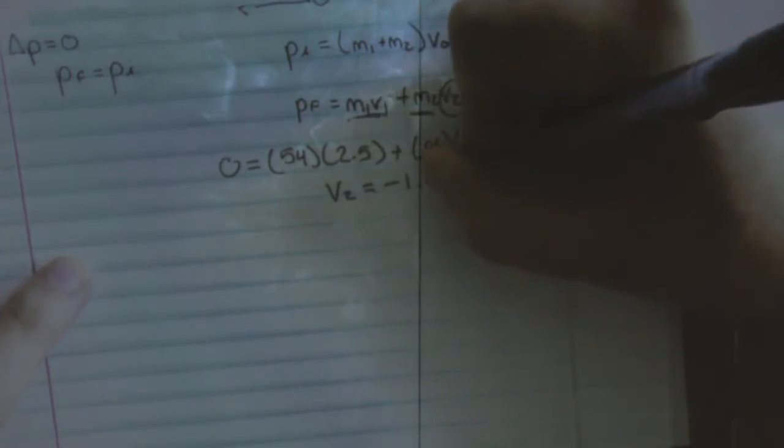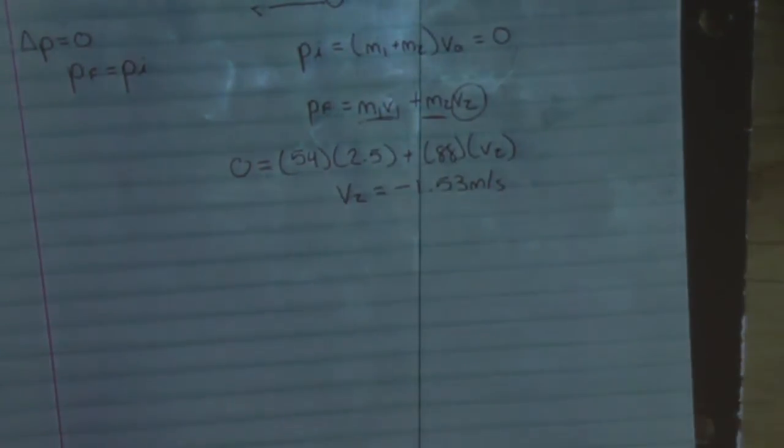So that will give us 0 is equal to our mass 1, 54, times our velocity 1 of 2.5, plus our mass 2 of 88, times V2, which we're trying to find. So when you solve this out, you should get V2 is equal to negative 1.53 meters per second. Which basically means he's going away from the woman. Cool? Yeah, not bad, right? Momentum was a pretty good chapter.